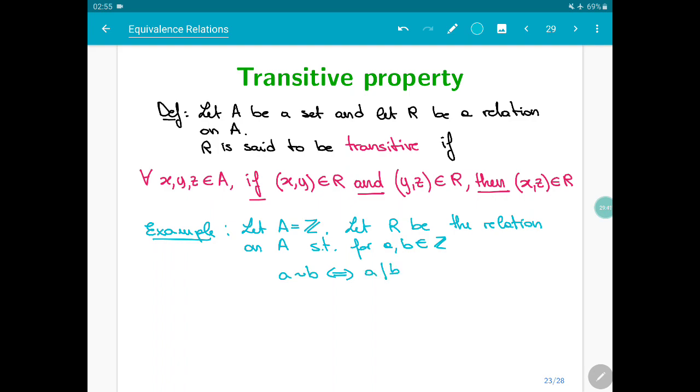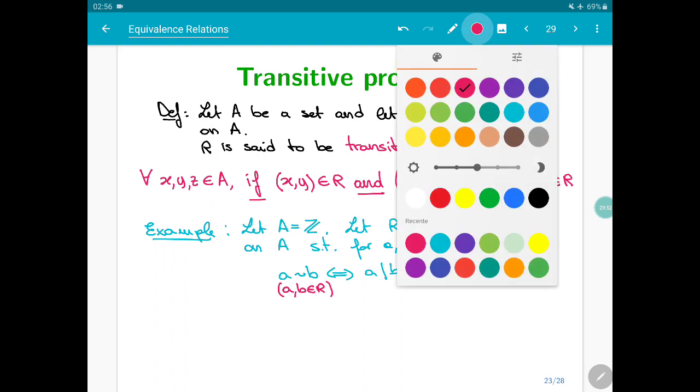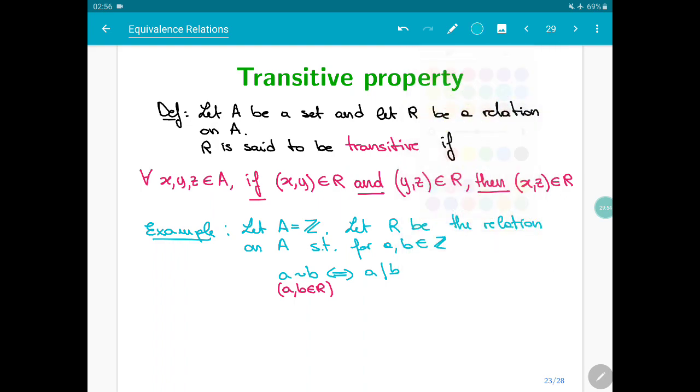Okay? So again, this is the same thing as saying ab belongs to R. Well, is this a transitive relation?